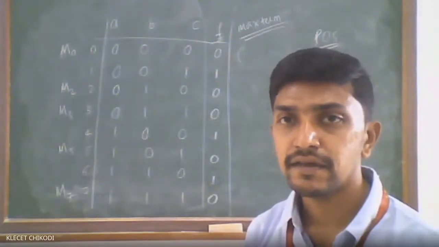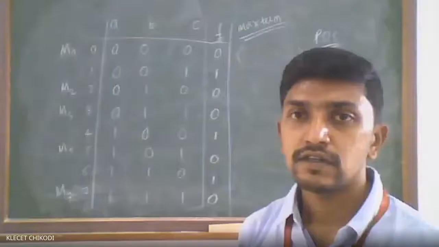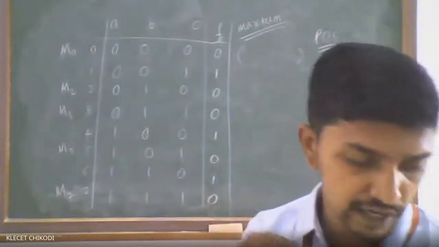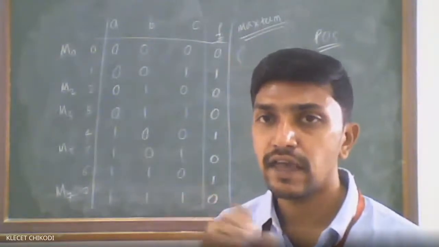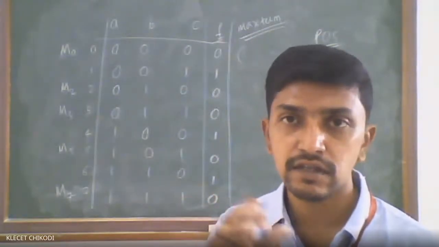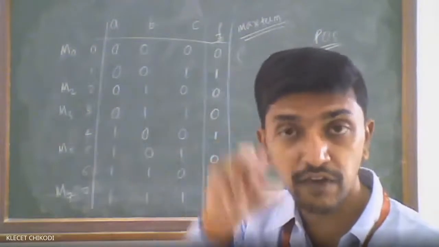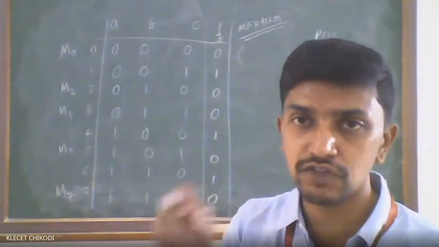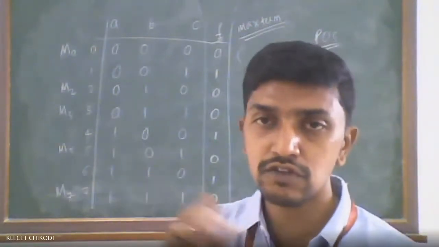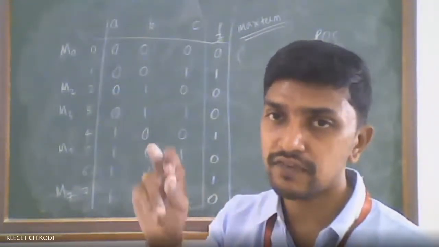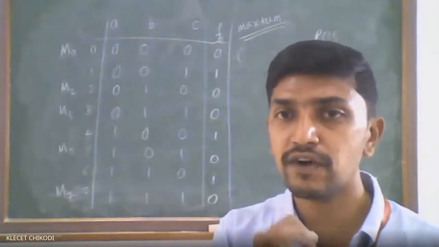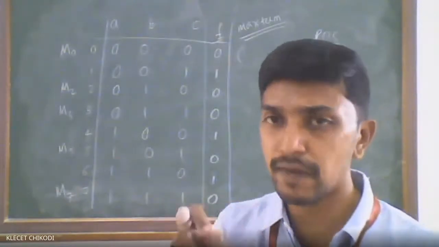A plus B plus C. In the previous case, if the function value is 1 for x, y, z, that is 0, 0, 0, we take the product term as x bar, y bar, z bar.